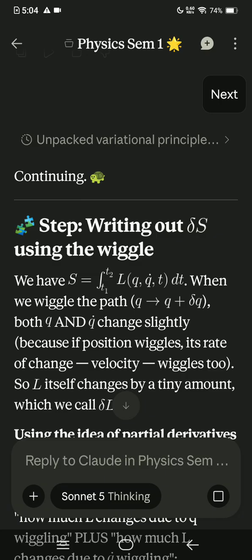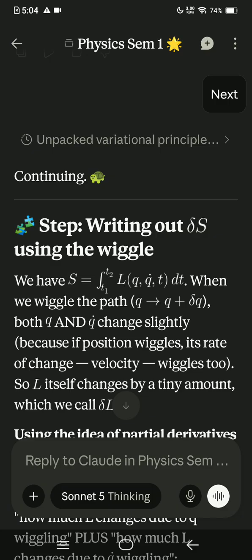Okay, continuing, writing out delta S using the wiggle. We have S equals the integral of L dt from t1 to t2, where L is the Lagrangian. Lagrangian was kinetic energy minus potential energy, right?